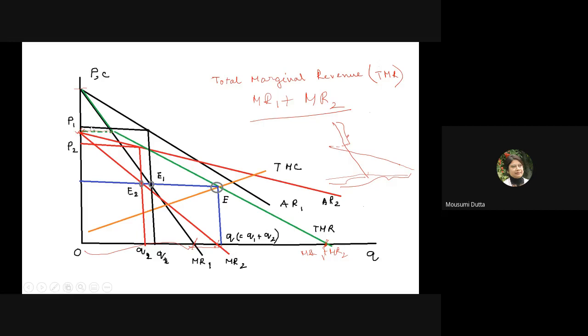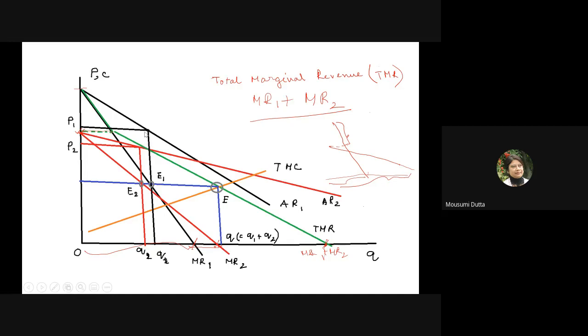And that will give me the price of the commodity I'll charge, P1. This is the output in the second market. I'm extending it up to this AR2, or the demand curve of the second market. Once we get this point, dropping a perpendicular on the vertical axis, we are getting the price, P2.